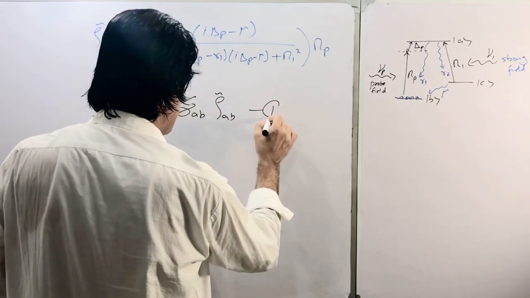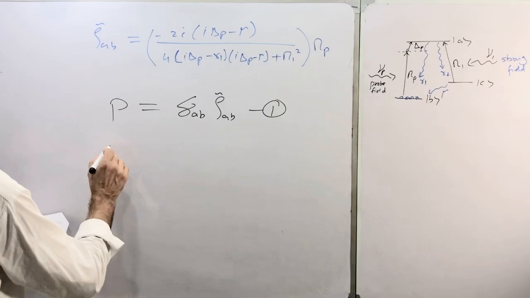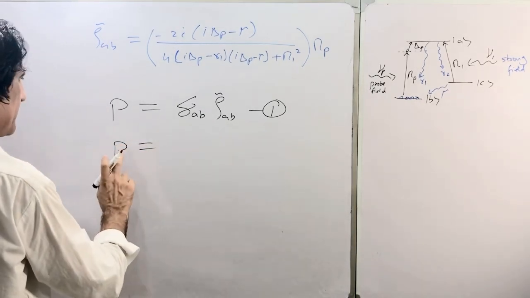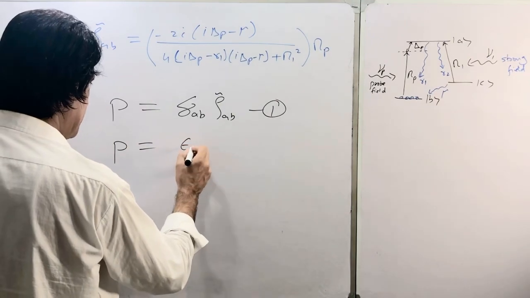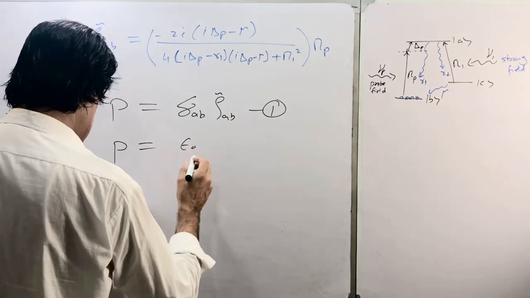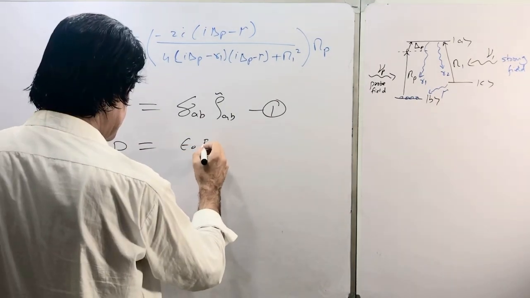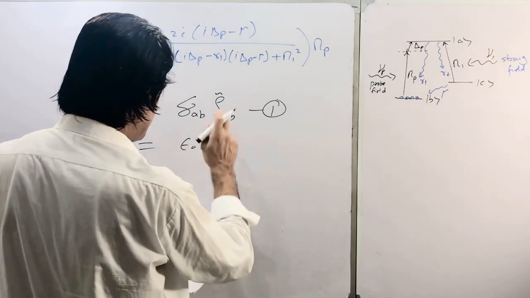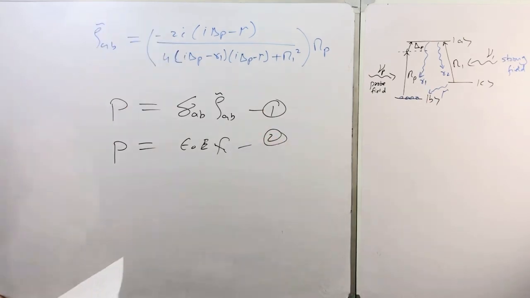This is equation number one. But we can also consider the polarization P as epsilon naught and chi, where chi is the susceptibility.